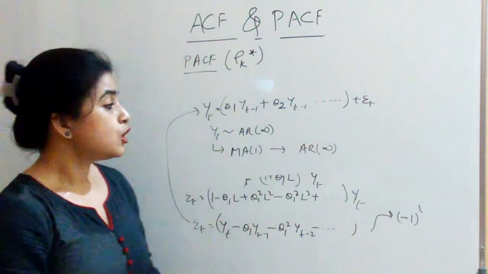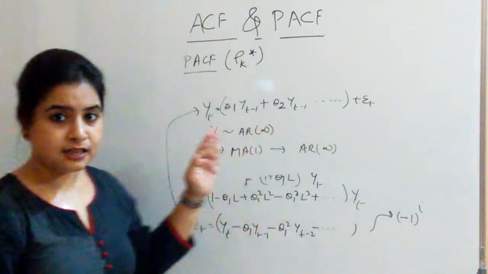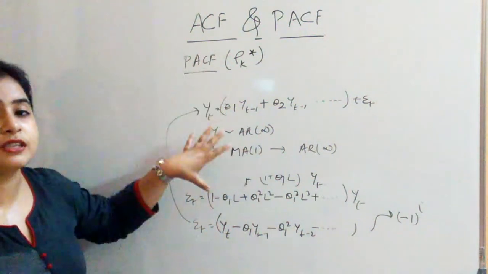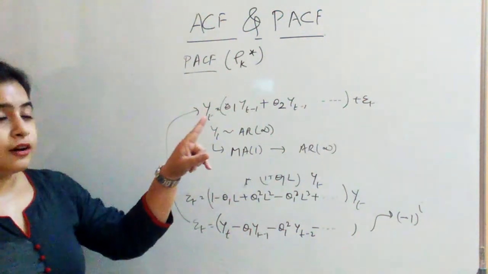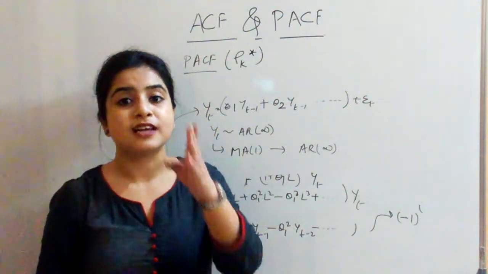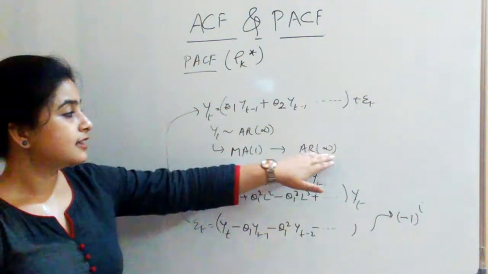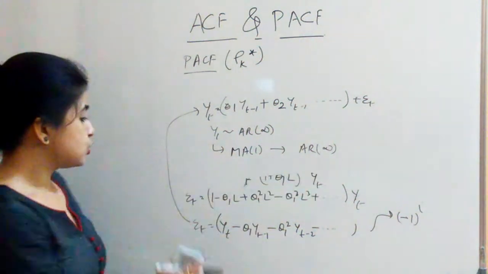So now, just as in the previous case where I was discussing the AR series, where the partial autocorrelation function suddenly dropped down to 0, here we can find that it goes on till infinity, right?